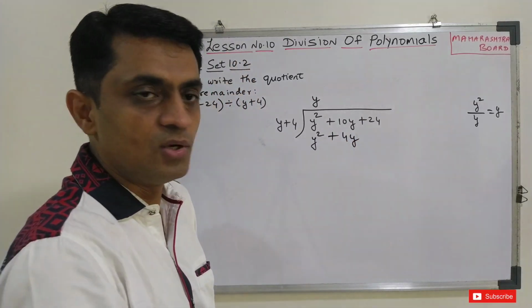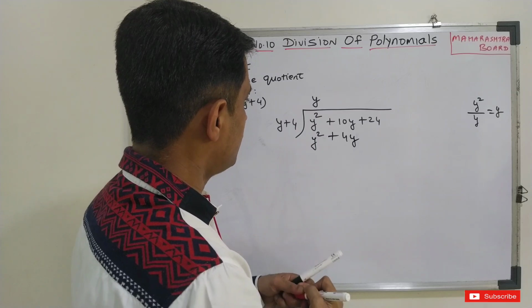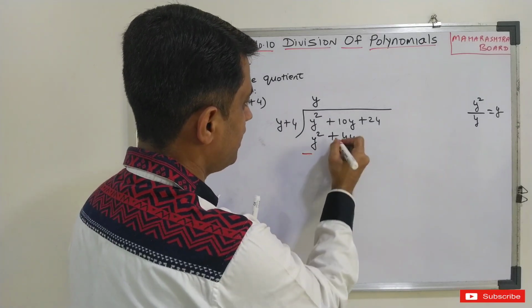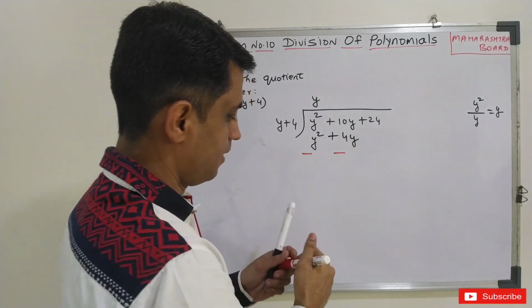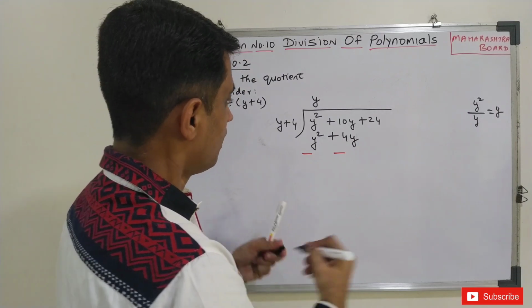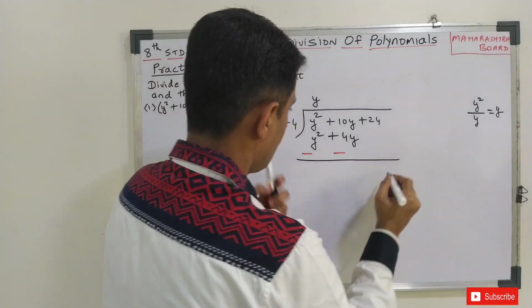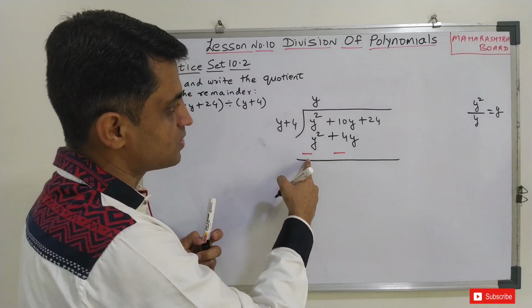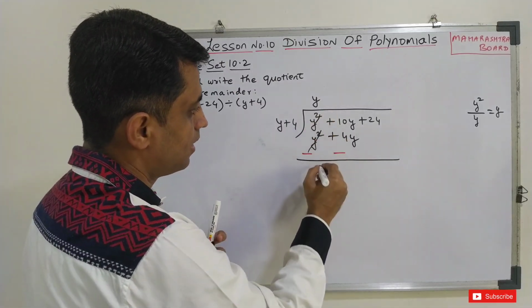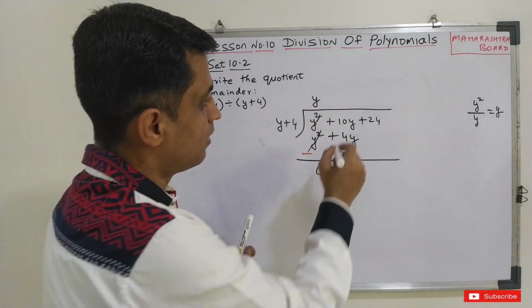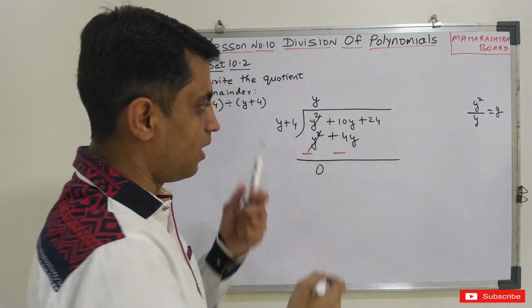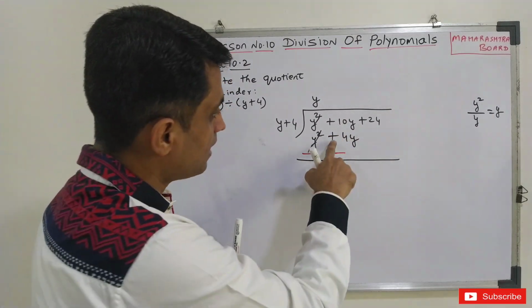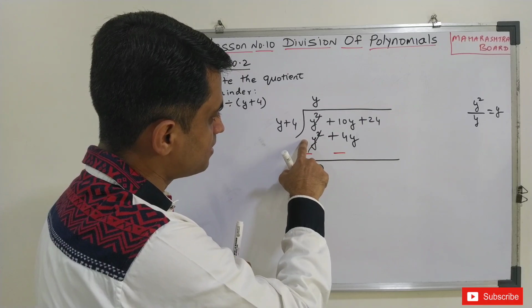After this students, you change the sign. This will become negative, this will become negative. Then y square minus y square will get cancelled. You will get 0. Now 10 minus 4, you have to put the opposite sign. Plus ka minus. Here nothing is there, means plus ka minus.